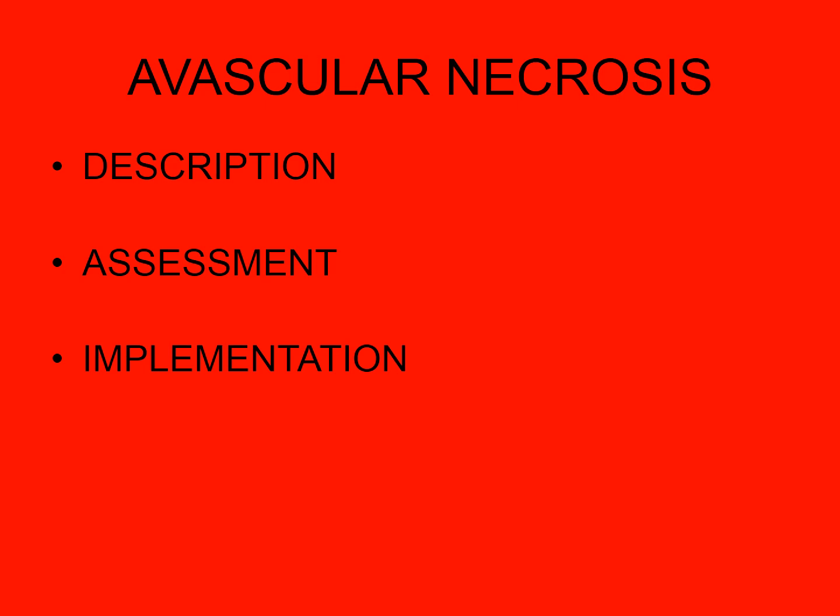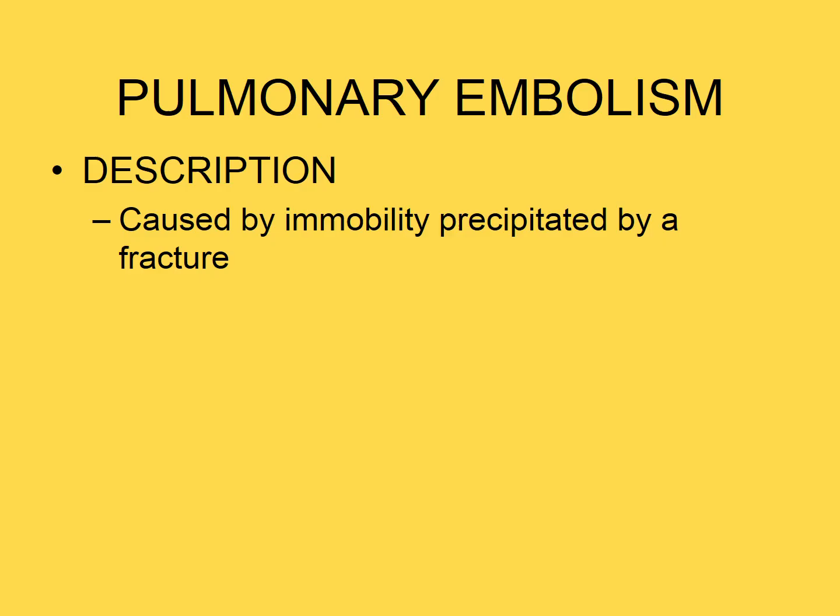Again, notify the physician if there's pain or decreasing sensation, and prepare the client to remove the necrotic tissue, because it serves as a focus of infection. So we have to remove the dead cells or the dead bone. Next slide.